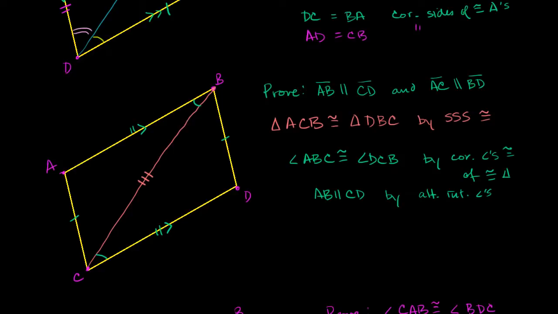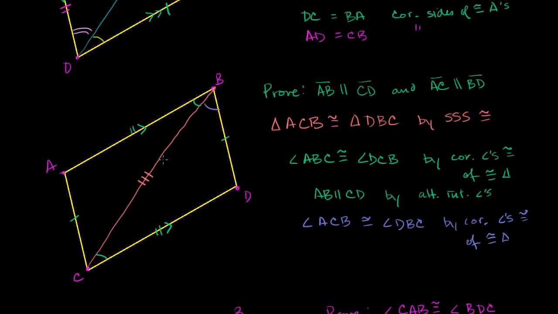Now, we can use that exact same logic. We also know that angle ACB is congruent to angle DBC, and we know that by corresponding angles congruent of congruent triangles.